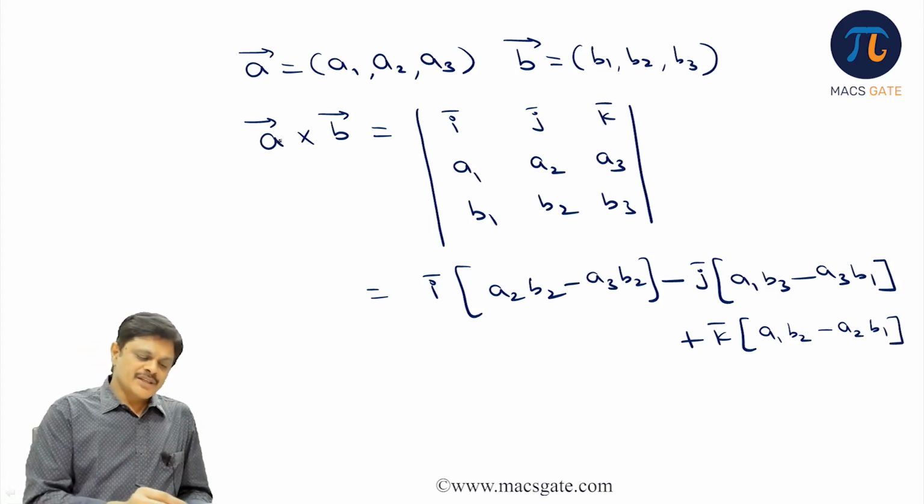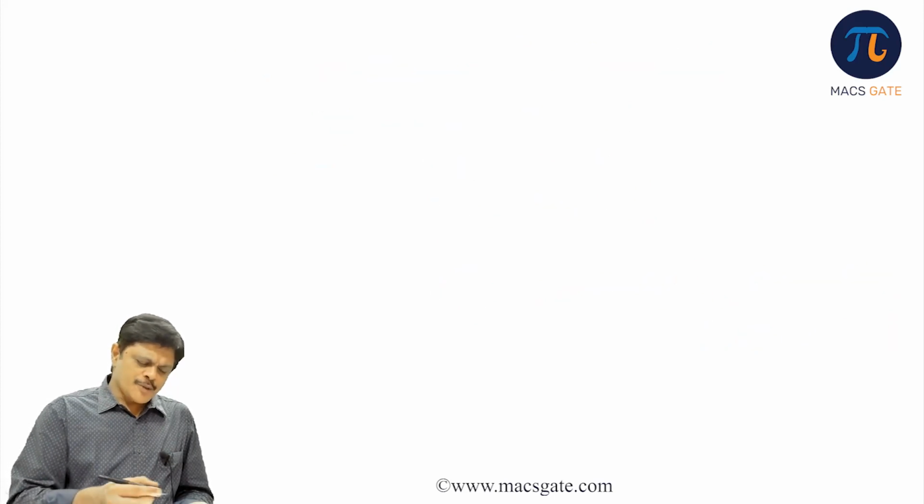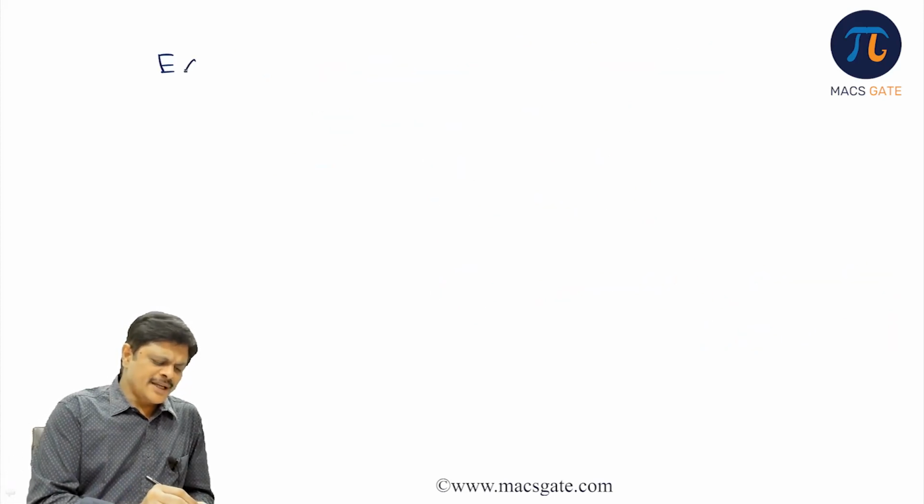Is the idea clear? So this is the cross product of the two vectors. You can find the cross product using this formula very easily.